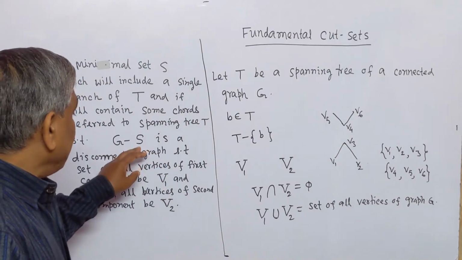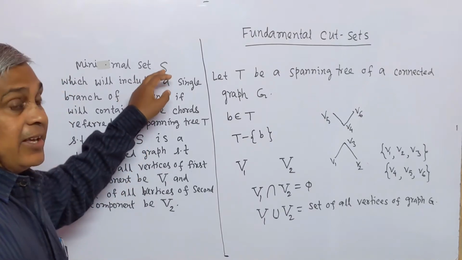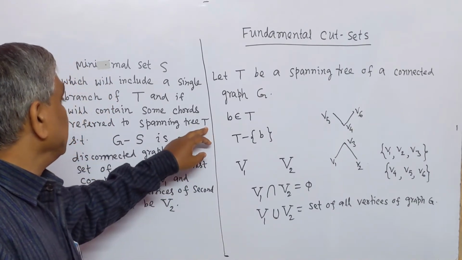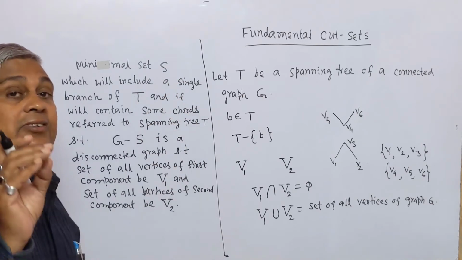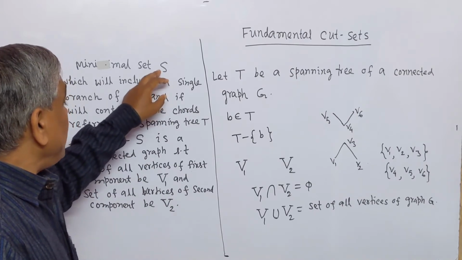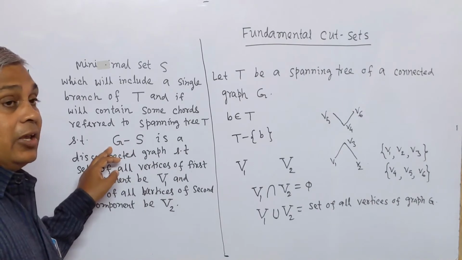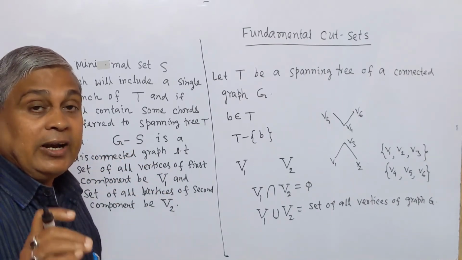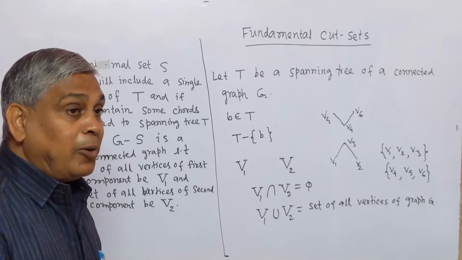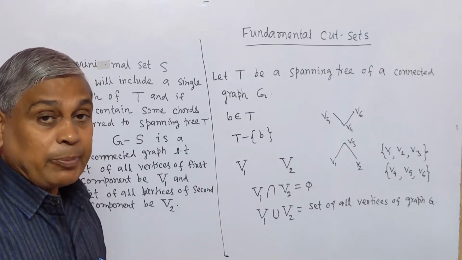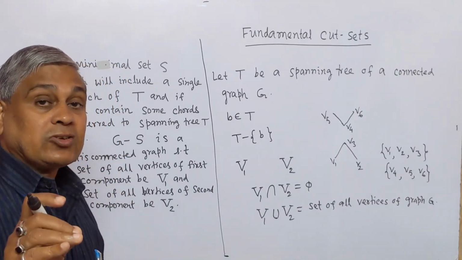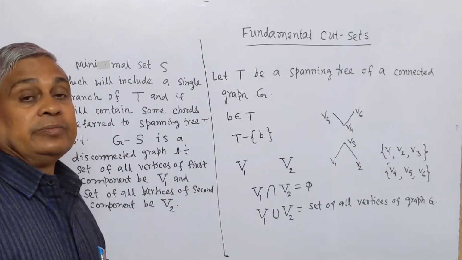Therefore, this S, the minimal set S, will contain a single branch of the spanning tree T. Also, it will contain some chords, so that removing all the edges of S from graph G, G minus S will be a disconnected graph in which V1 be the collection of all vertices of the first component and capital V2 be the collection of all vertices of the second component.